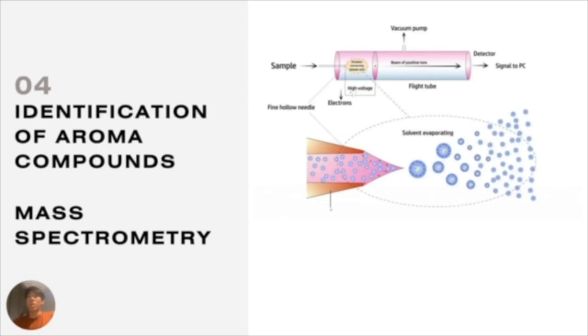As mentioned in the earlier slides, GC-MS, or gas chromatography mass spectrometry, is a powerful analytical technique which is used in this study to identify and quantify the specific compounds in the two samples of Shiraz wine. Mass spectrometry basically works by measuring the mass to charge ratio, or m/z for short, of ions within the sample.